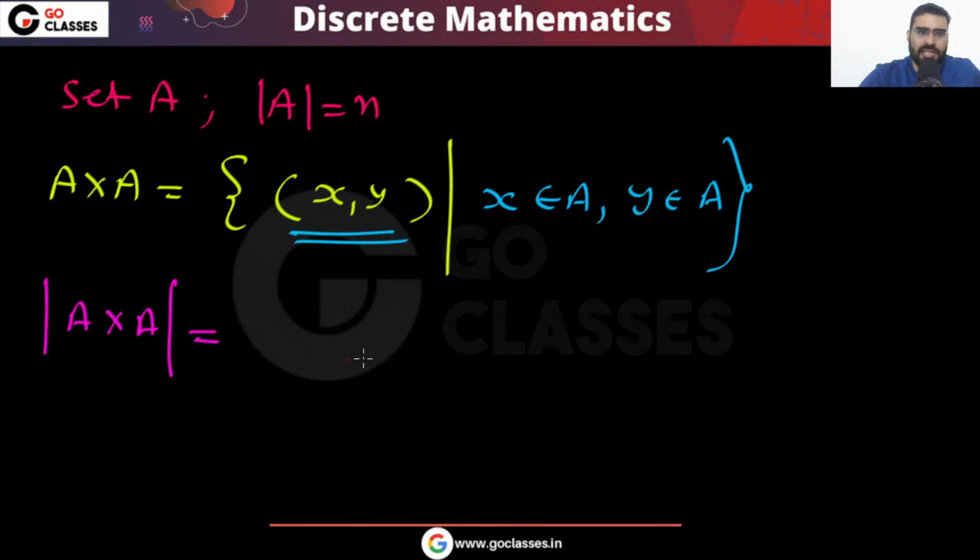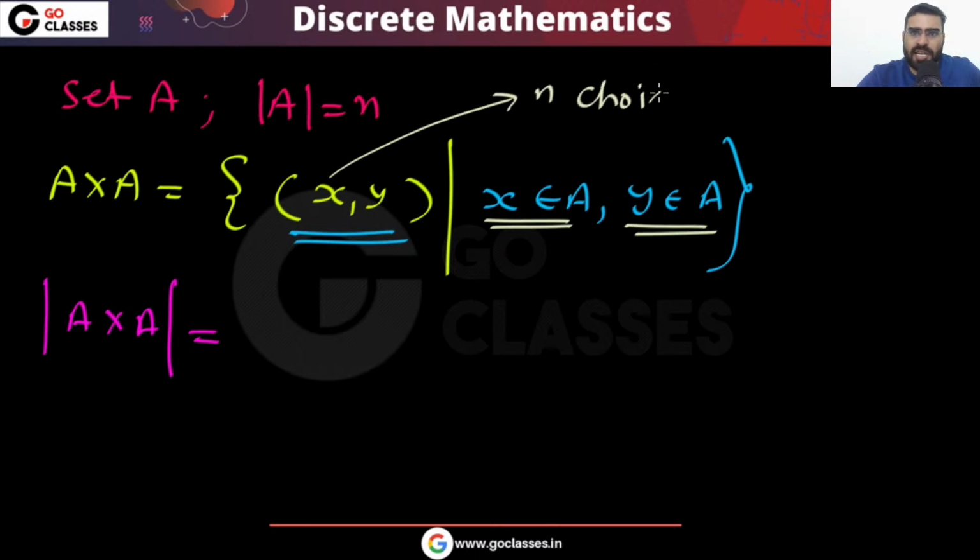The cardinality of A cross A will be equal to how many ordered pairs you can create. You can see in A cross A you have this type of ordered pairs. So how many such ordered pairs can you create? The first element is coming from A, the second element is coming from A. So this first element, X, has n choices because the cardinality of A is n.